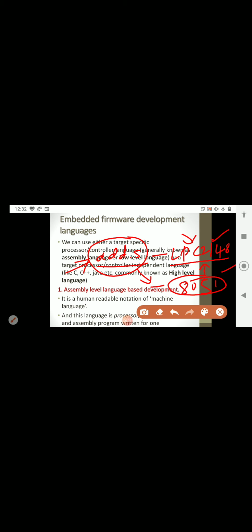Both 8051 and LPC 2148 use assembly code only, but the code written for the different target processors will not match, because the architectures change. Here the architecture of 8051 is different, and here the architecture of LPC 2148 is different.